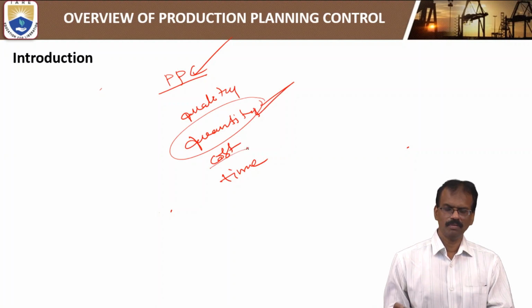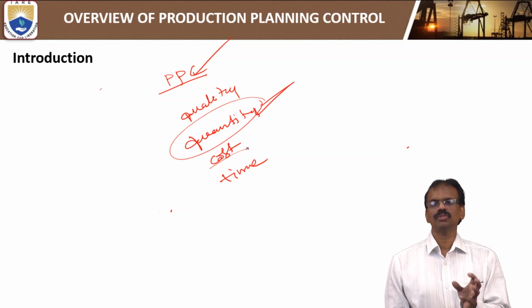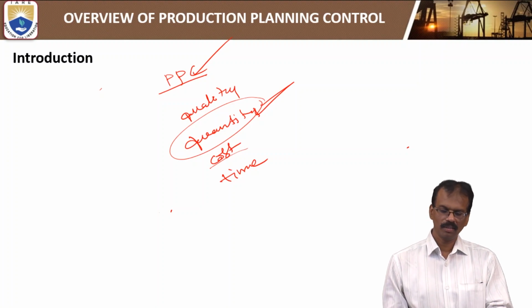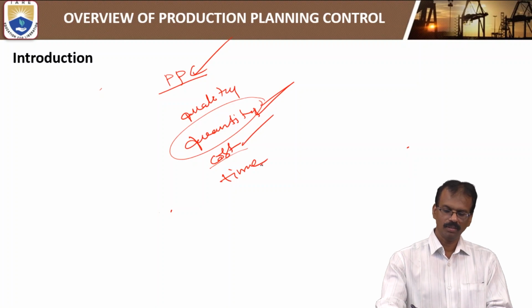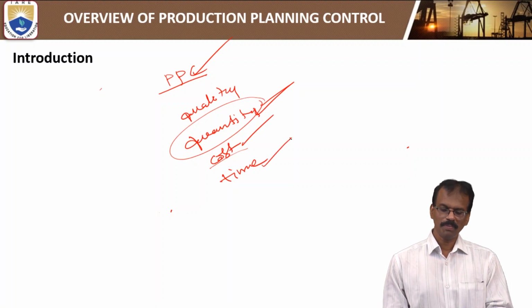Next, cost oriented: by utilizing the resources in a proper manner, we can get lower cost and finish in good time, so we optimize the time.